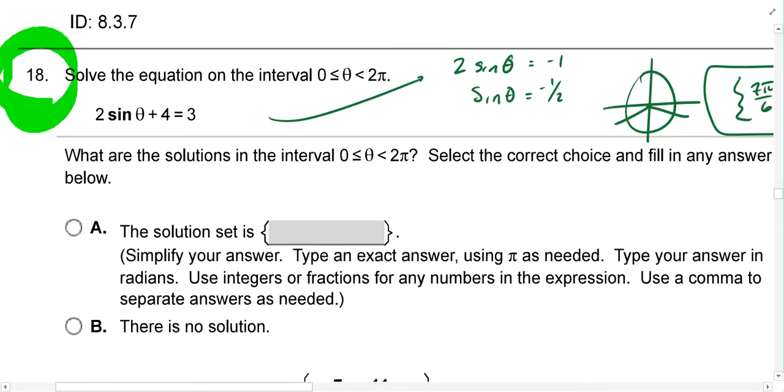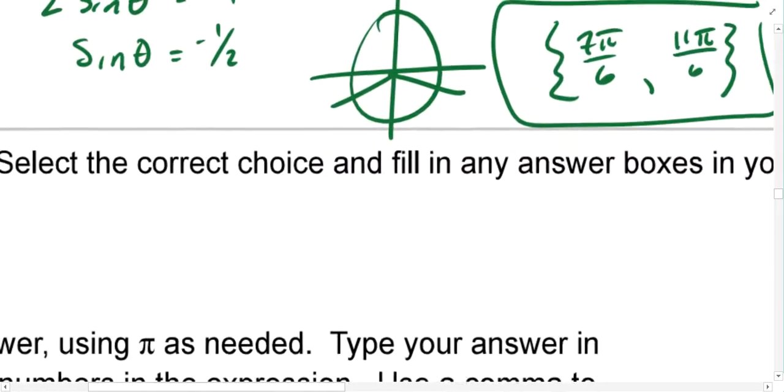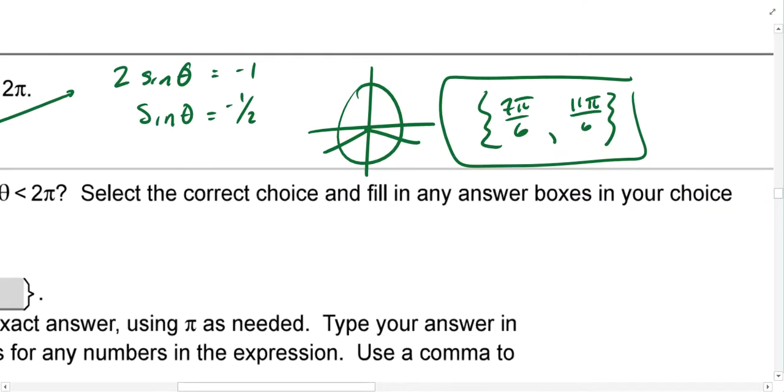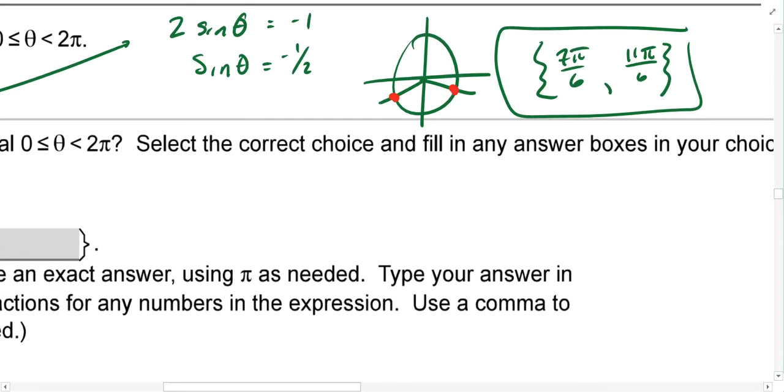So in number 18, we've got the equation 2 sine theta plus 4 equals 3. After we do a little bit of algebra to isolate the sine expression, we now know that sine of theta has to equal negative 1/2. And the only two positions where sine is equal to negative 1/2 in a unit circle are these two spots here, 7 pi over 6 and 11 pi over 6.